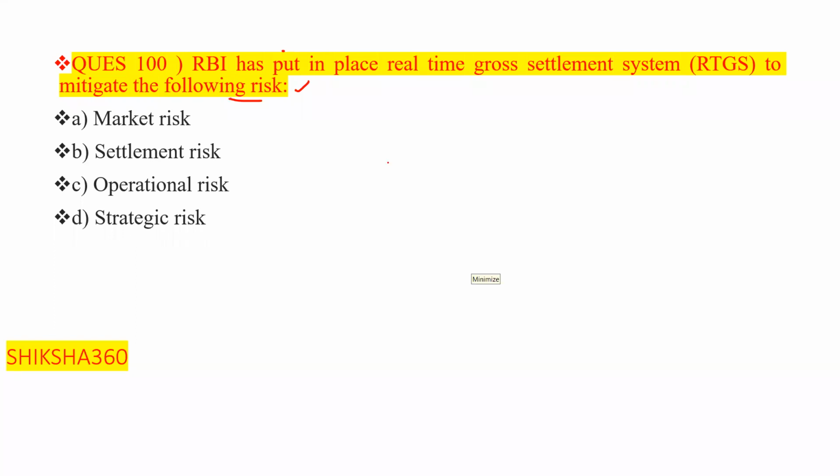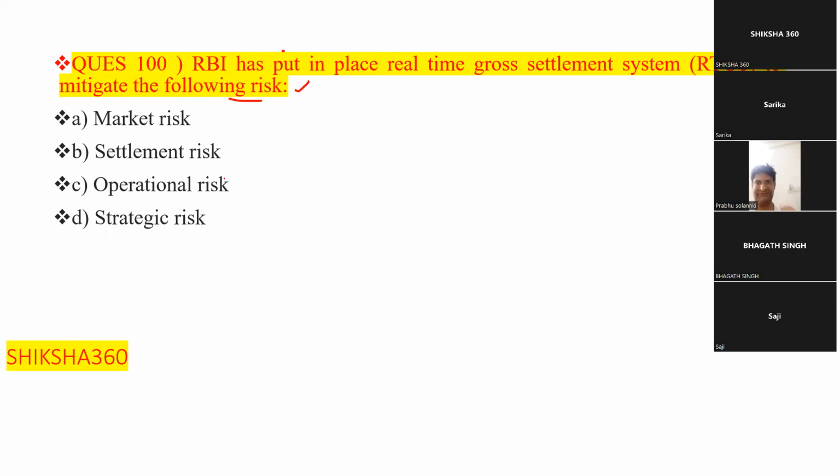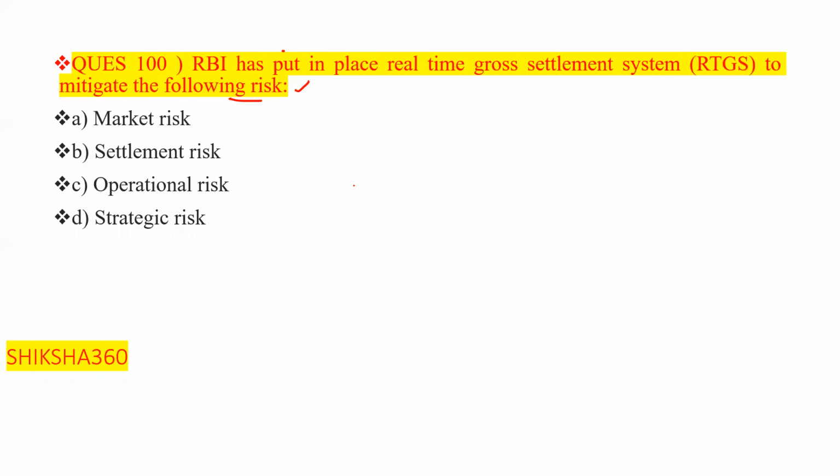Market risk, settlement risk, operational risk, strategic risk. RBI has put in place a real-time gross settlement system to mitigate the following risk.